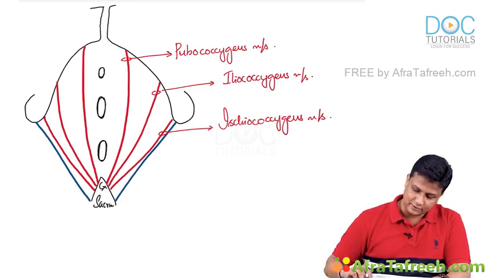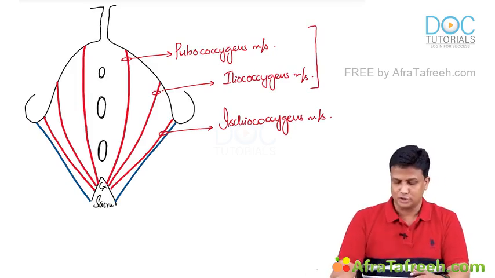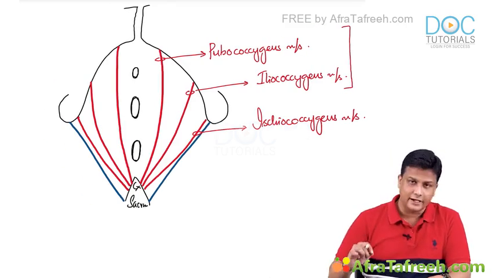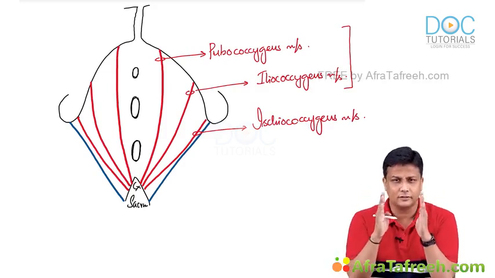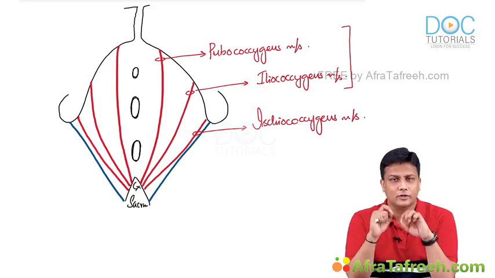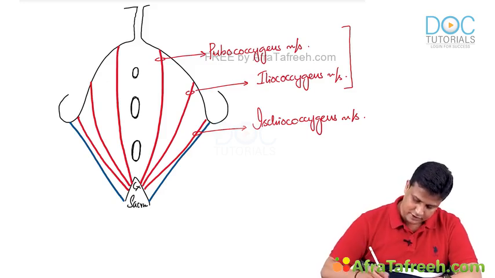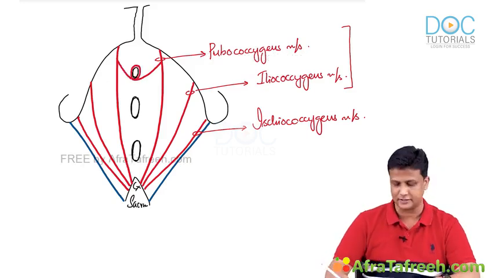And out of these three muscles, we have just now discussed the pubo and ilio. These two together are going to form levator ani. And the separate one, ischiococcygeus, together are going to form the pelvic diaphragm. I think we don't have to mention that again. Now basically what I am trying to teach you here is, what is the muscle which is most closely present towards all those openings, guys? Pubococcygeus. That's the reason why pubococcygeus muscle is the one which will be contributing fibers around those openings, guys.